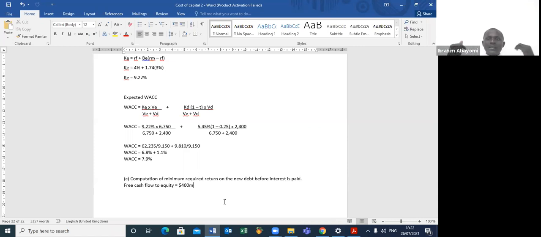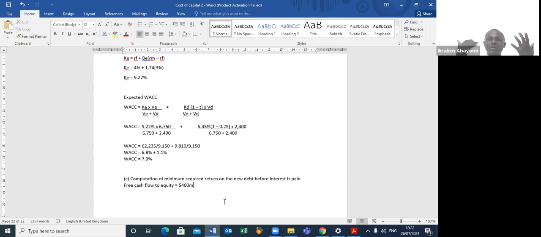A discretionary cash flow is the cash flow that you can use at your own discretion. That cash flow is not tied to any obligation. You have settled all necessary obligations, so the cash flow left with you is that cash flow that can be utilized the way you like. That is free cash flow.